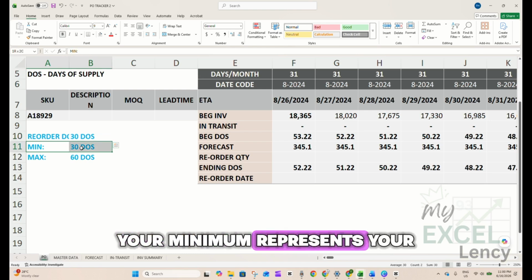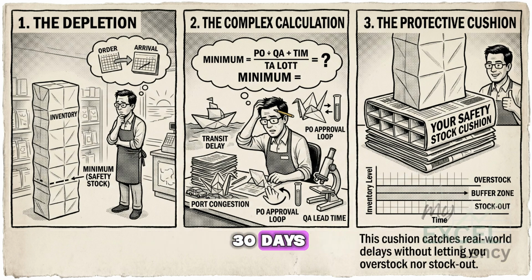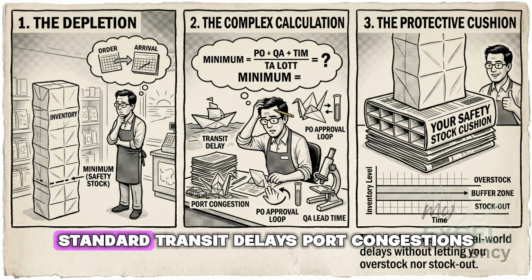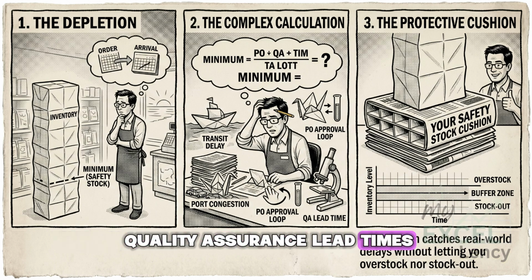Your minimum represents your safety stock. Because you order every 30 days, your new stock will not arrive until your current inventory depletes to the slower baseline. Your team must calculate this minimum by considering standard transit delays, port congestion, PO approval loops, and quality assurance lead times.